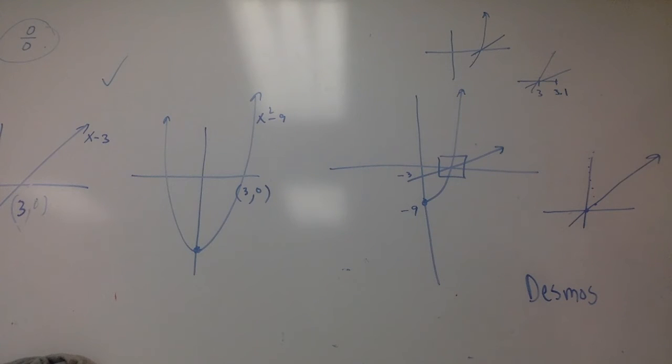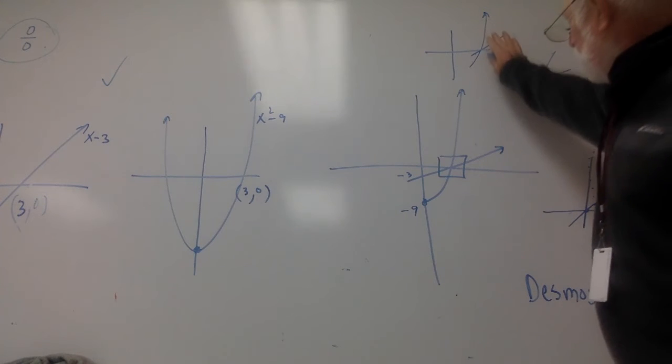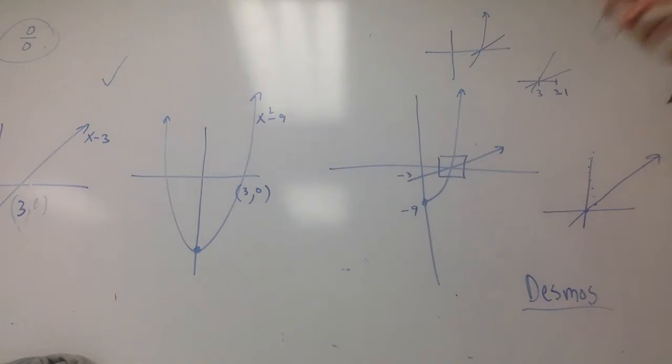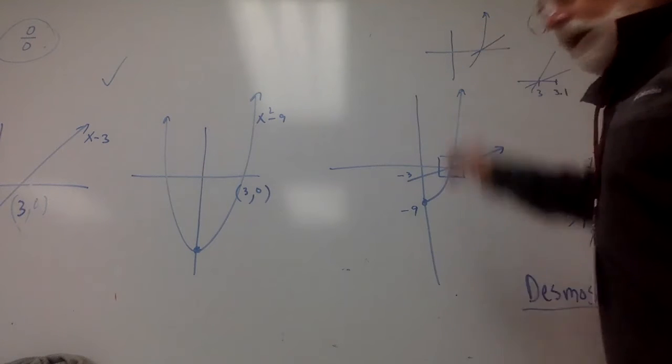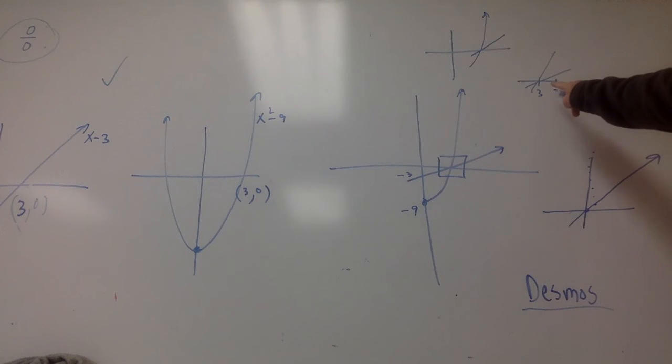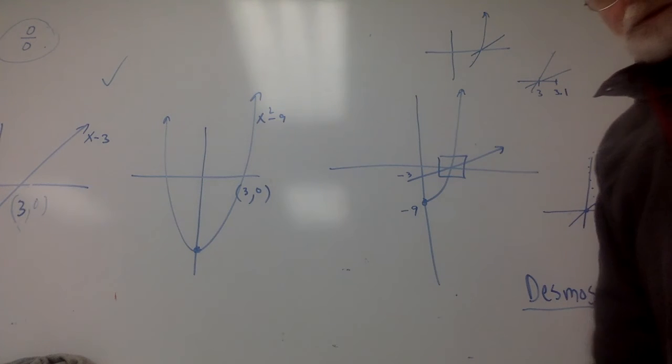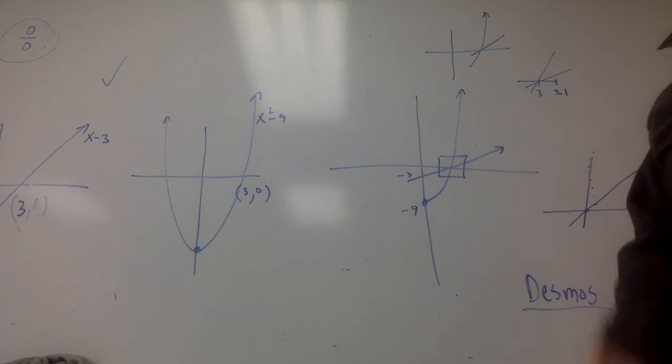All right, and so I'm going to start to zoom in on this. You can use Desmos and zoom in on it. And if you zoom in on it, you start to linearize it. Those curves start to disappear and you start to see straight lines.